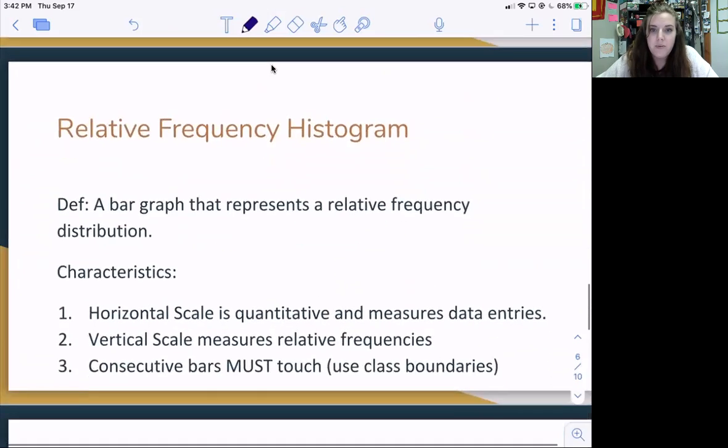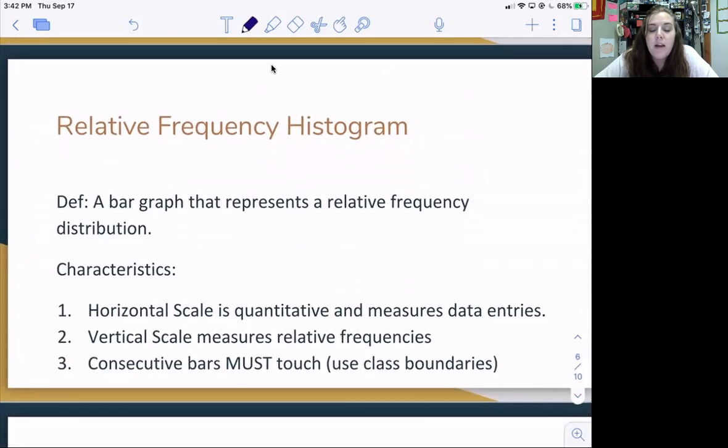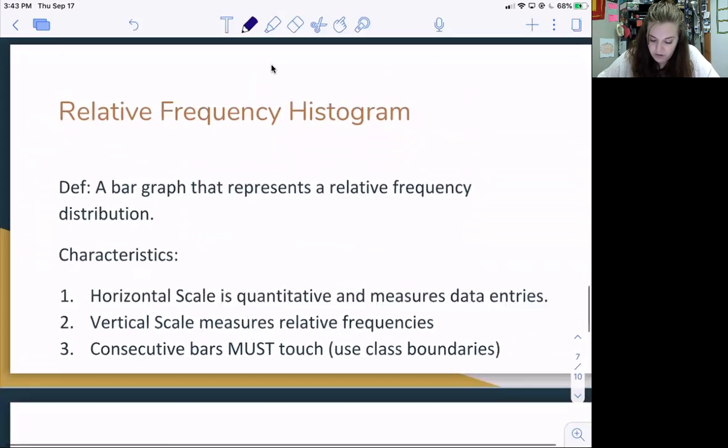Relative frequency histogram. This is a bar graph that represents a relative frequency distribution. Your horizontal scale is quantitative and measures data entries still. But here, instead of using midpoints, we can go back and also use class boundaries. Then our vertical scale, or y-axis, is going to measure the relative frequencies. And consecutive bars must touch.